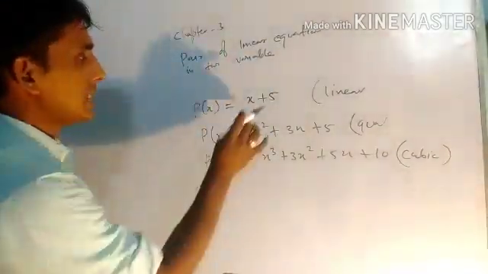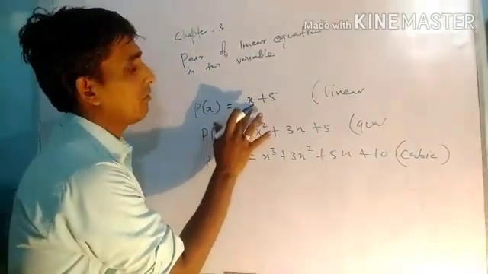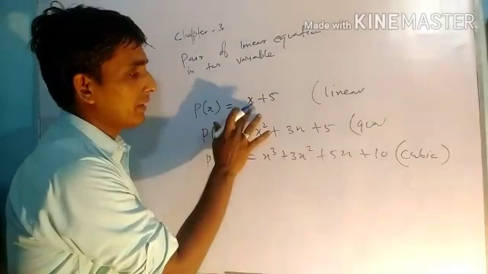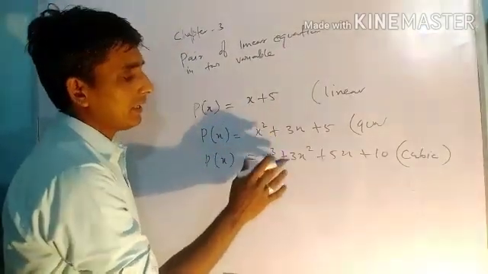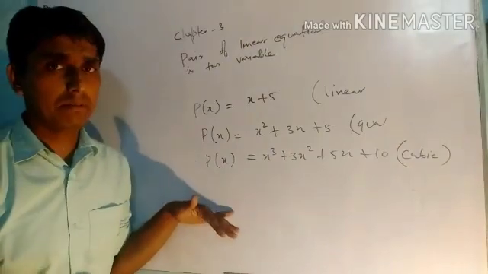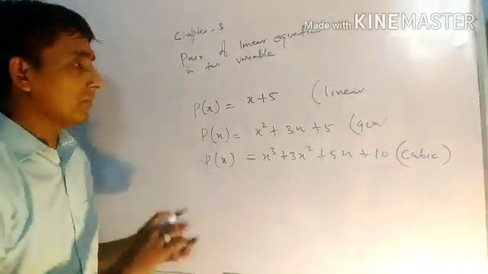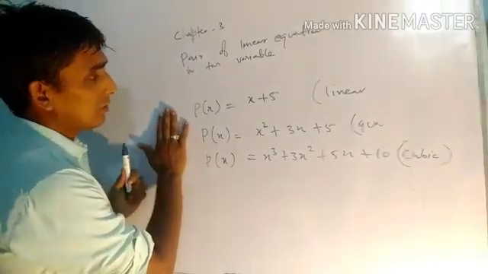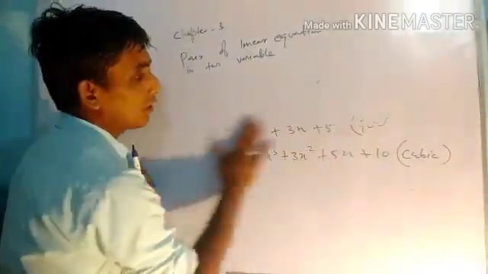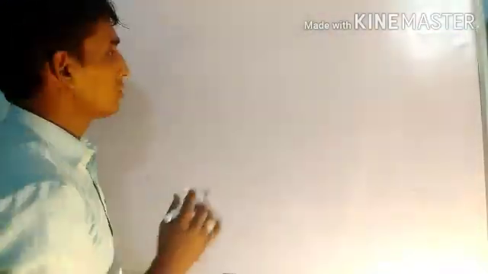A polynomial like these has only one type of variable, only x. Here it is x only, here it is x only. But in this third chapter we have to study the pair of linear equations, actually the pair of linear equations in two variables.